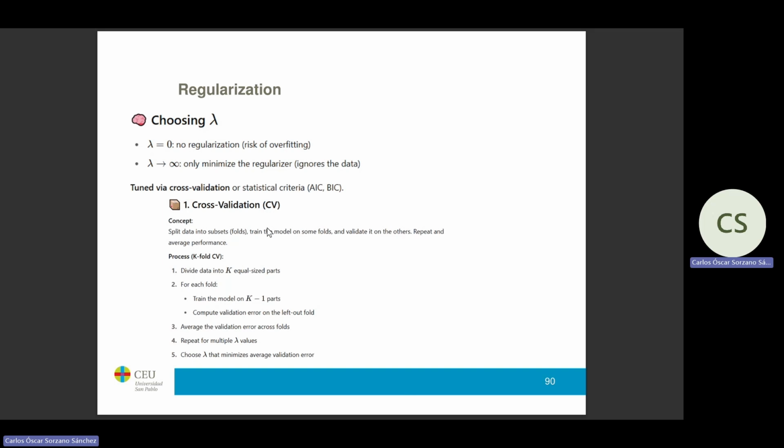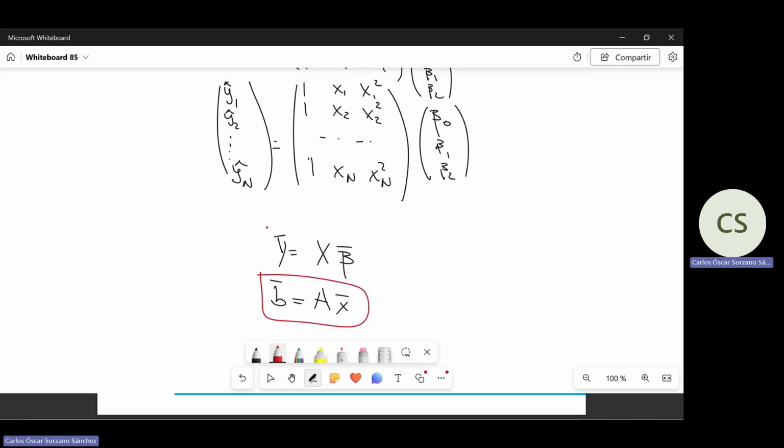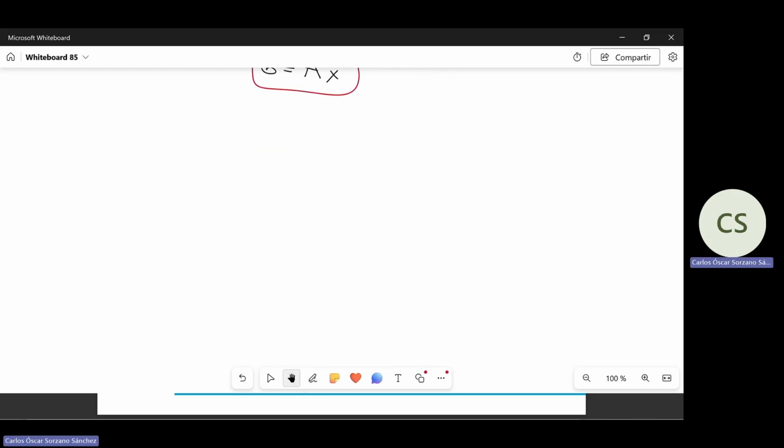This part is also a minimization problem in itself. You can think of it as minimization with respect to lambda of the validation error, a function of lambda.